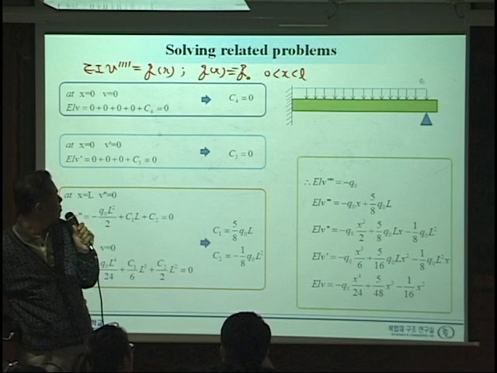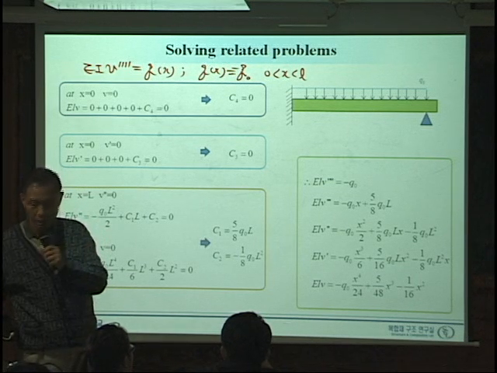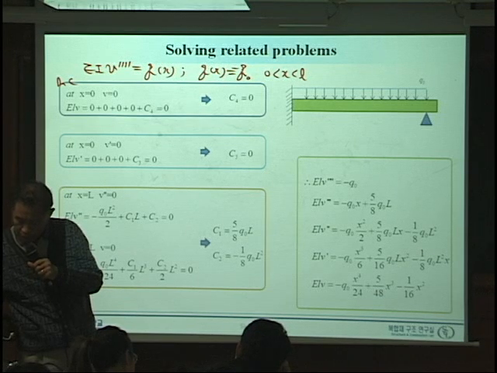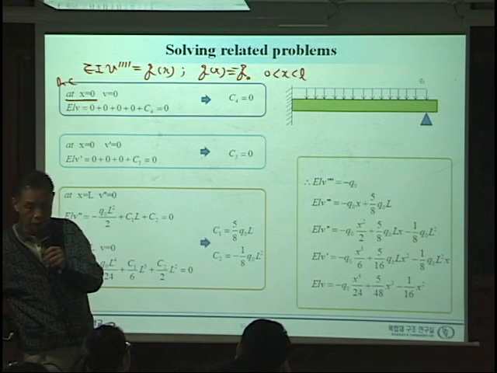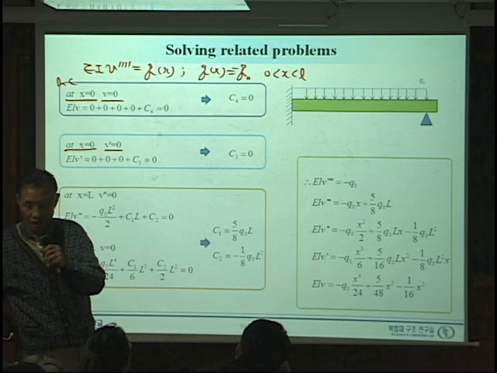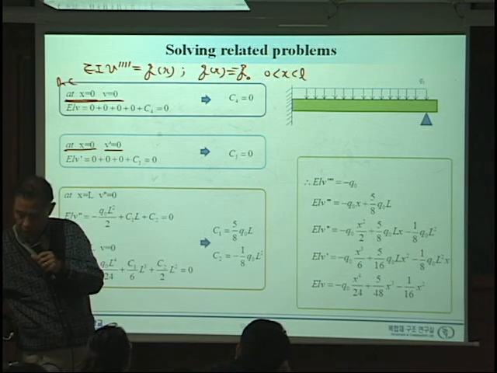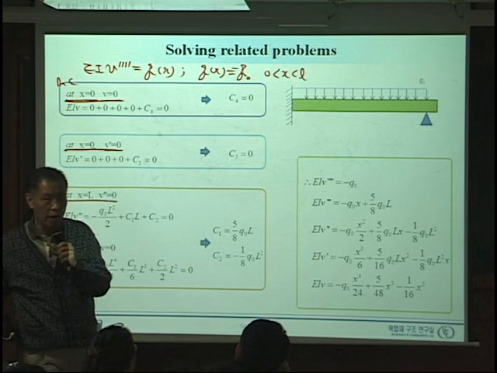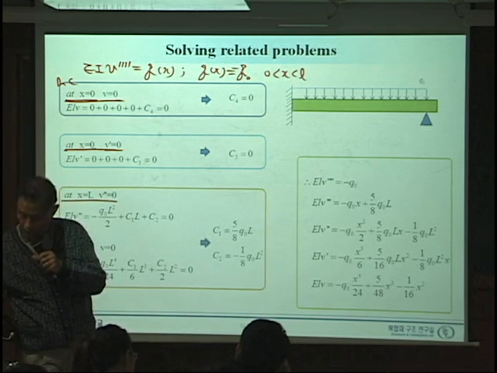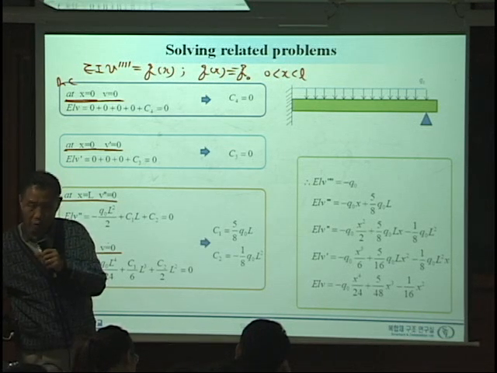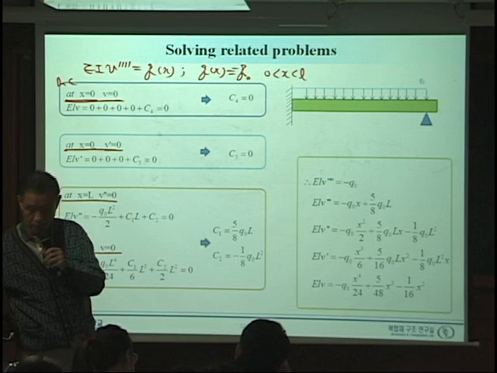And then you write down the boundary conditions. Here, at x equals 0, there is no deflection, and v prime equals 0. You have to write this down first, okay? And at x equals L, you have no deflection, and there is no moment applied there, right?